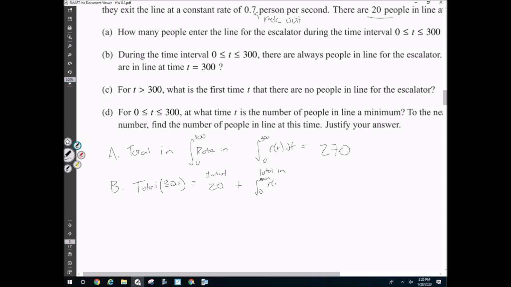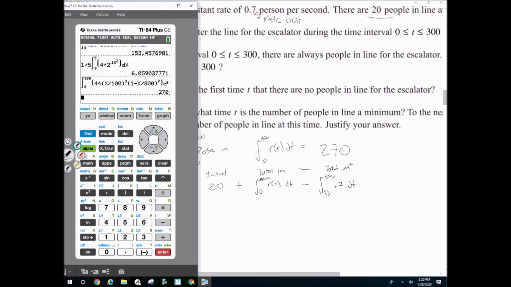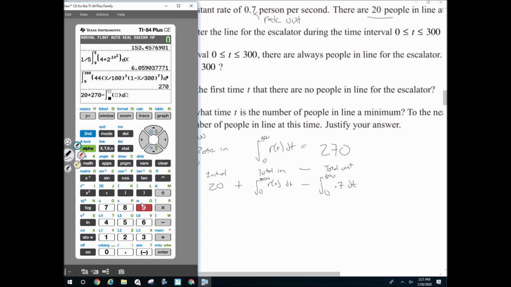Integral of my rate in minus my total out. Total out would be just 0.7 times 300. It's easy enough to find. So just 0.7 times the time at which it's consistent. It's like velocity, it's like distance if your velocity is constant. So I got 20 plus 270 minus, just to show you, this is just going to be 300 times 0.7.